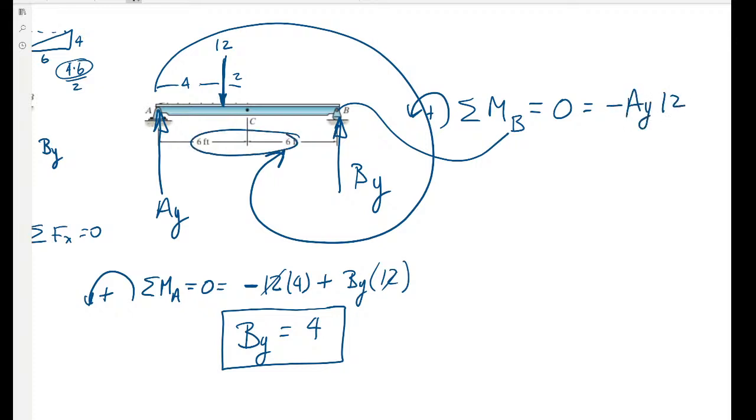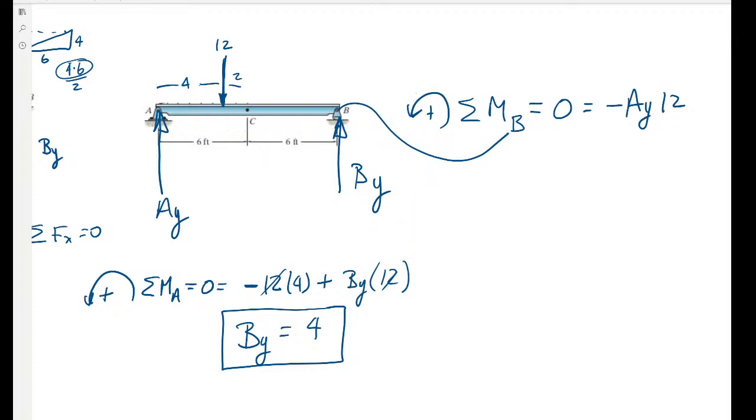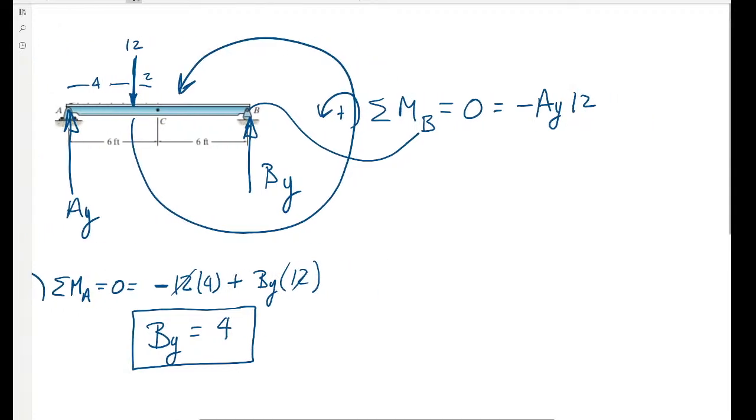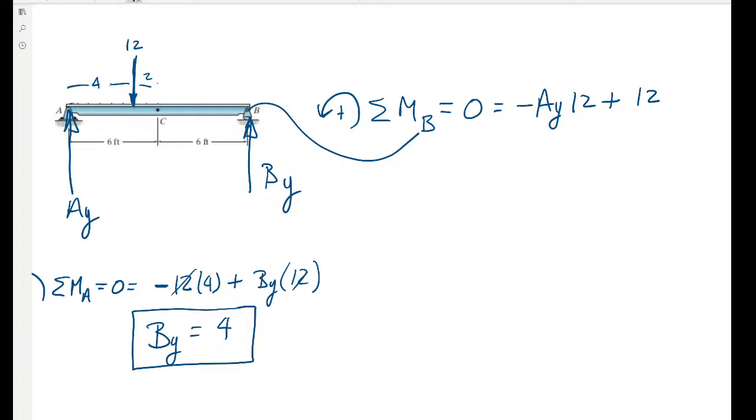It's still 12 to both ends of the beam. And this one is producing a positive, and it's 12. However, it's actually 6, and then add 2 to it, and you get this. So you'll find AY is equal to 8.